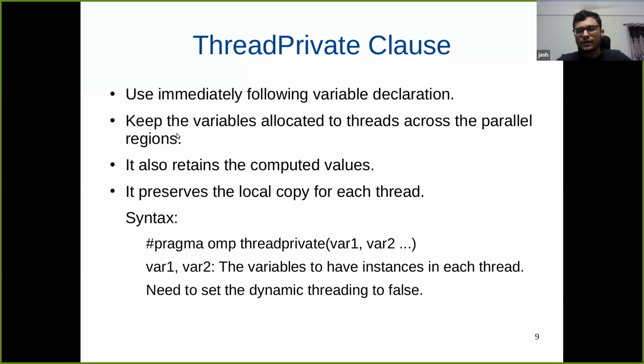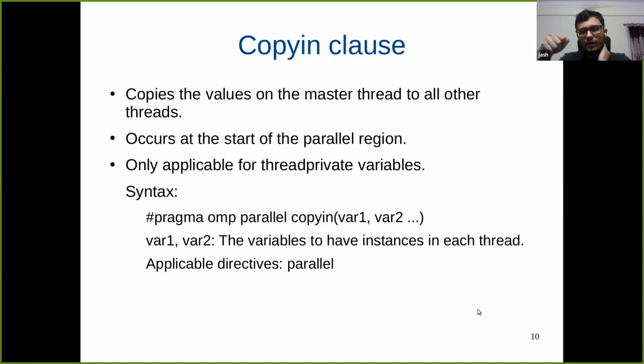Immediately following the variable declaration, this is how we generally use it. And it keeps the copy allocated for all the threads for all the parallel regions, and it retains the values. We saw the syntax, right? And dynamic threading has to be set to false. And coming to the copyin clause, it copies the values of the master thread to all other threads.